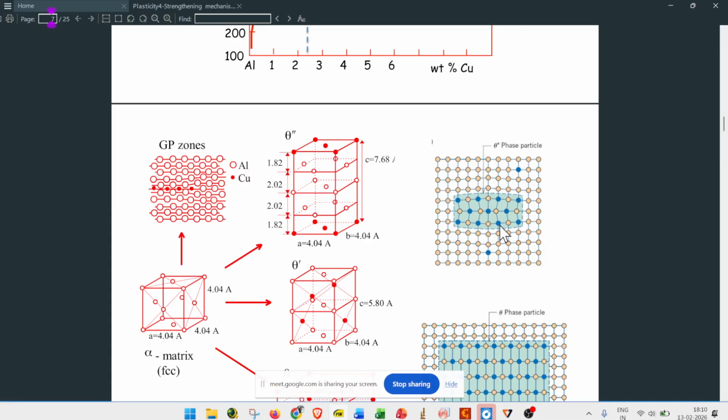These precipitates are much harder and also brittle. We don't want the entire matrix to be the precipitate phase, because of its brittleness it will not give much toughness. So we want to disperse it in the metal matrix, so that when dislocations move, the precipitates act as obstacles to their movement.